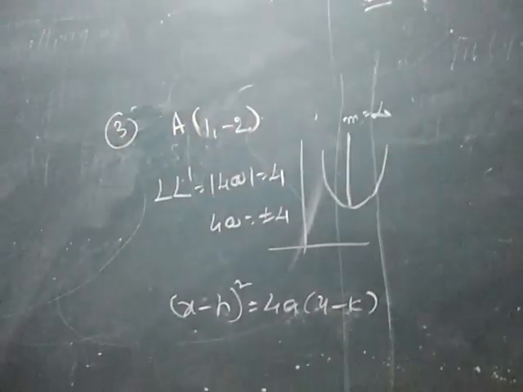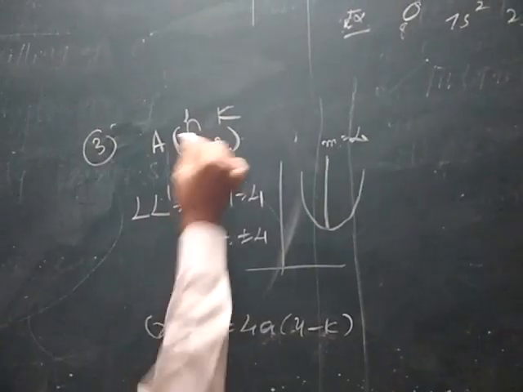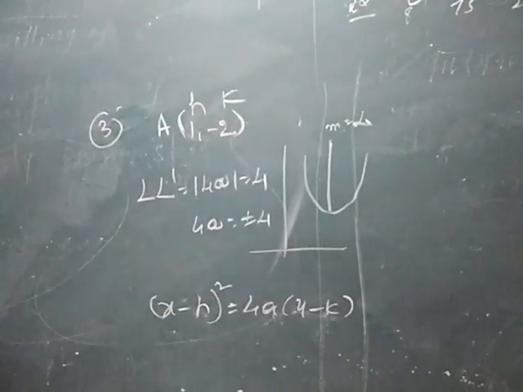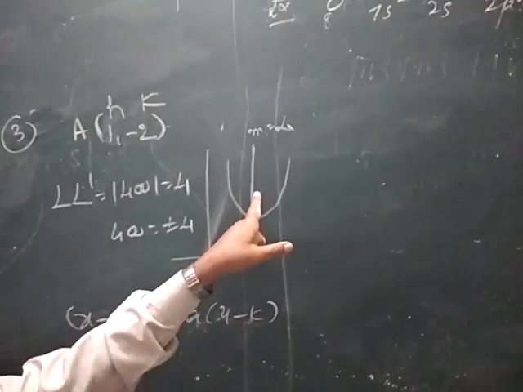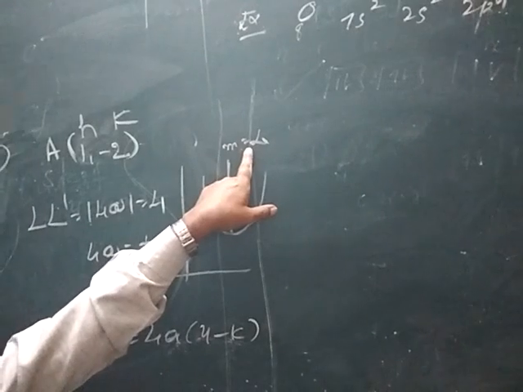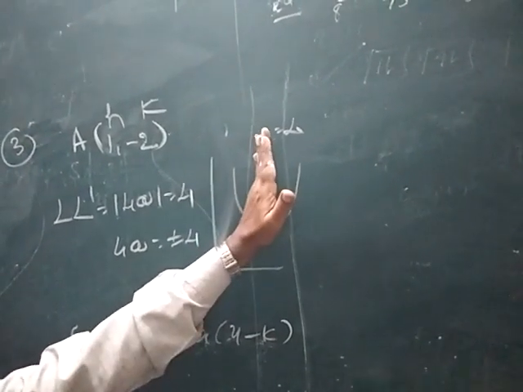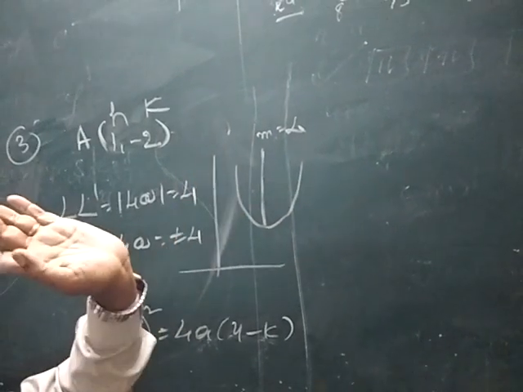Given vertex (h, k) = (1, -2). The slope of the axis line is undefined, which means the axis line is parallel to the y-axis.